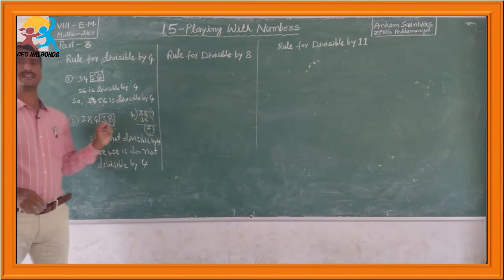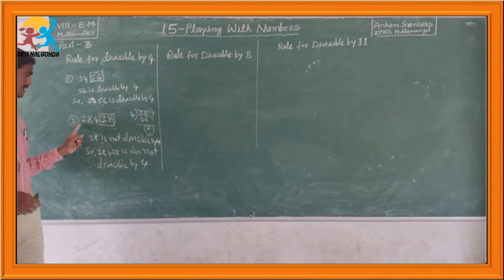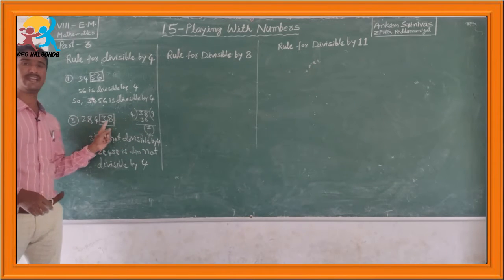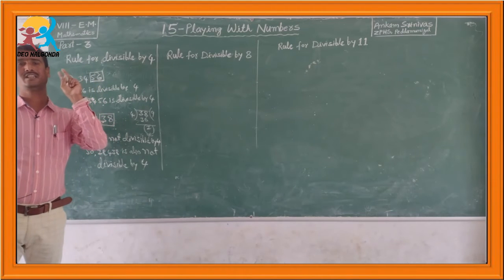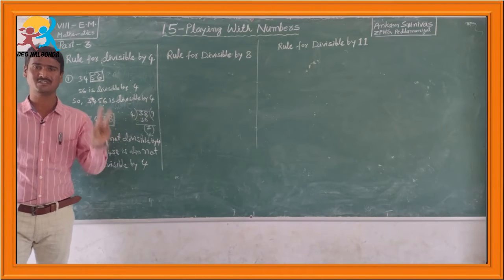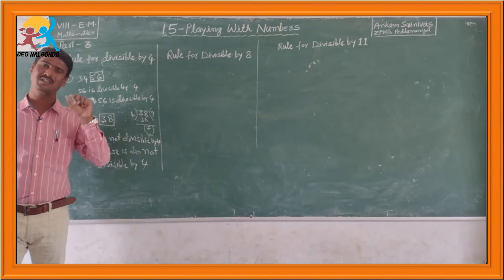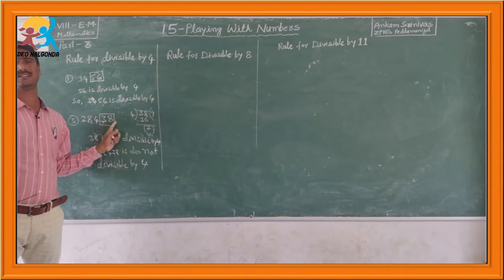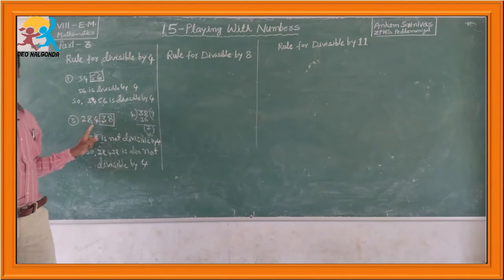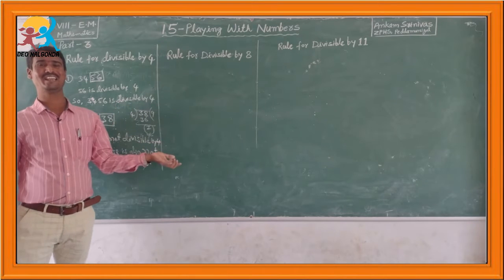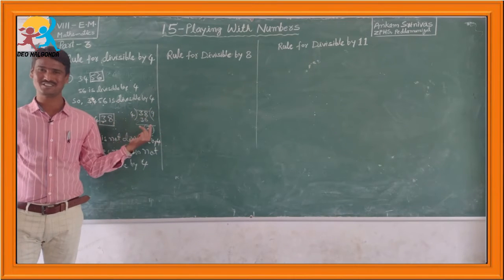Very next, children, if a number ends with 2 zeros, it is also divisible by 4. Why? Because 0 is divisible by 4. 4 zeros are 0.